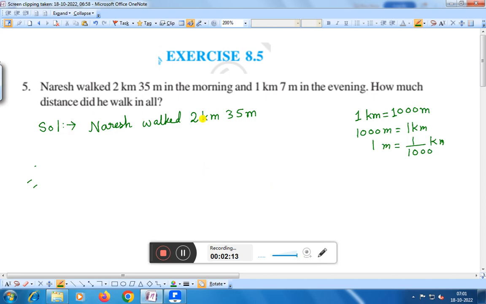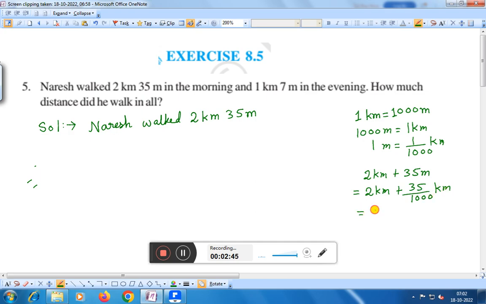That means if we write here in kilometer, 2 kilometer plus 35 meter, right? Then it can be written as 2 kilometer and 35 meter can be converted into kilometer, that is 35 by 1000 kilometer, right?